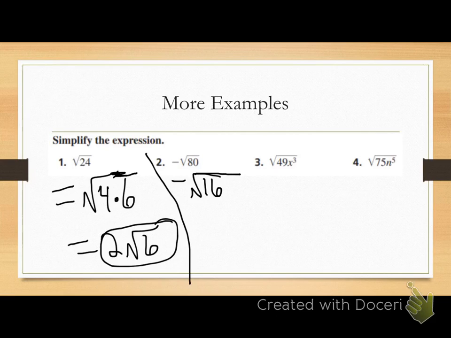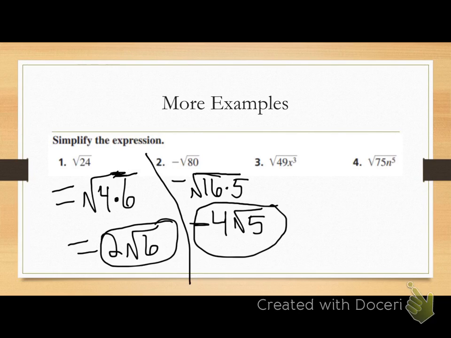It is 16. 16 times 5 gives me 80. So when I'm taking the square root of 16, I keep this negative outside. The square root of 16 is 4. And then the 5 has to stay under the radical because I didn't take the square root of it. There's no perfect squares that go into 5, so I know this is my simplified answer.